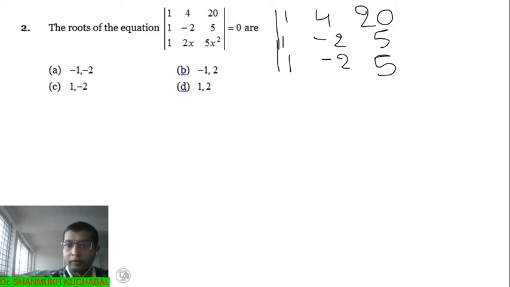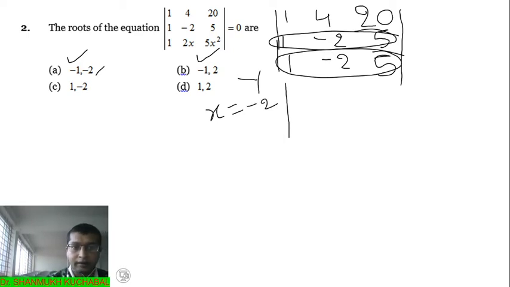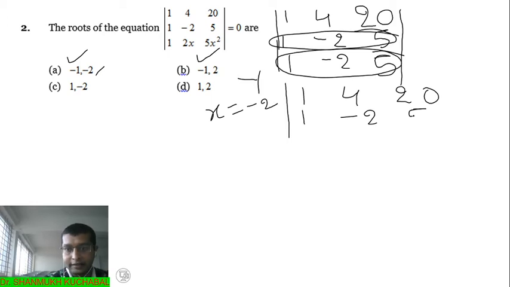So one root is minus 1 here, and minus 1 is present in the first option and second option, so among these two one is the correct answer. Okay, so next I take x equal to the second value, minus 2 here, right? Then I take 1 4 20 as it is, next 1 minus 2 5 as it is, then I take 1 here.